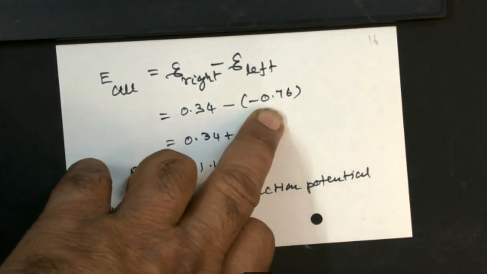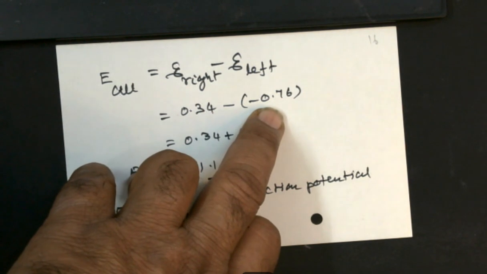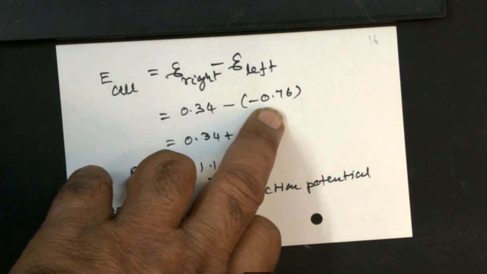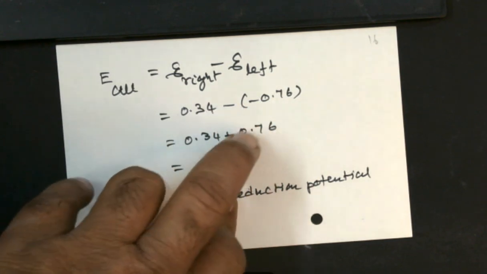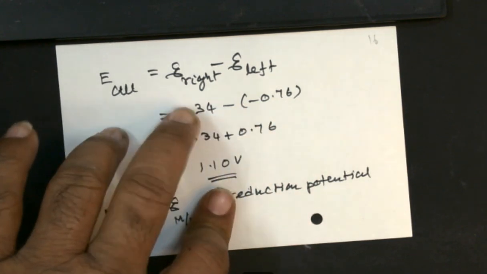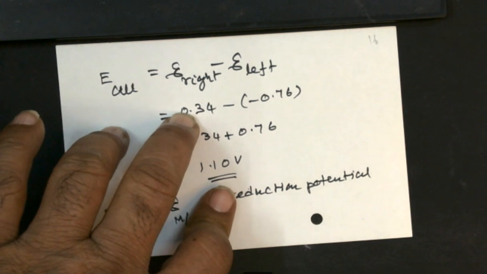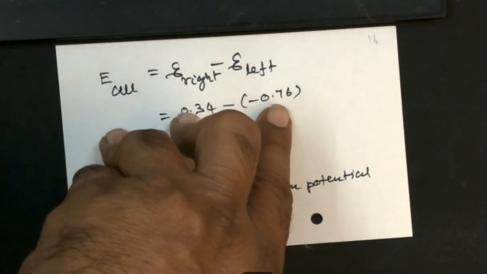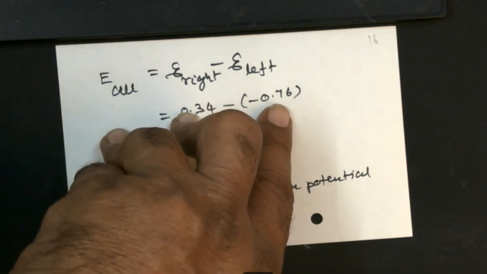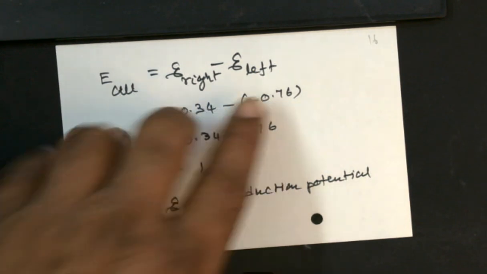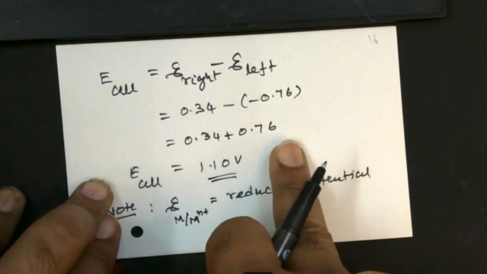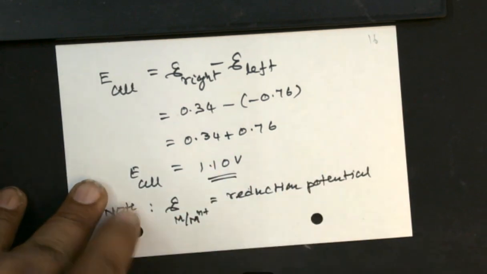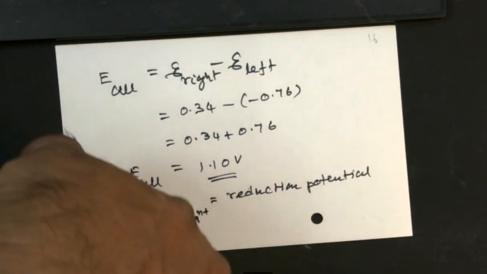It means it cannot behave as cathode, because the negative sign indicates that it is much less than that of the cathode, that is 0.34. So based on the value you can say whether the reaction is feasible or not also. Okay, so now 0.34 minus minus 0.76, and we can combine this, so you are able to get the E cell value 1.1.